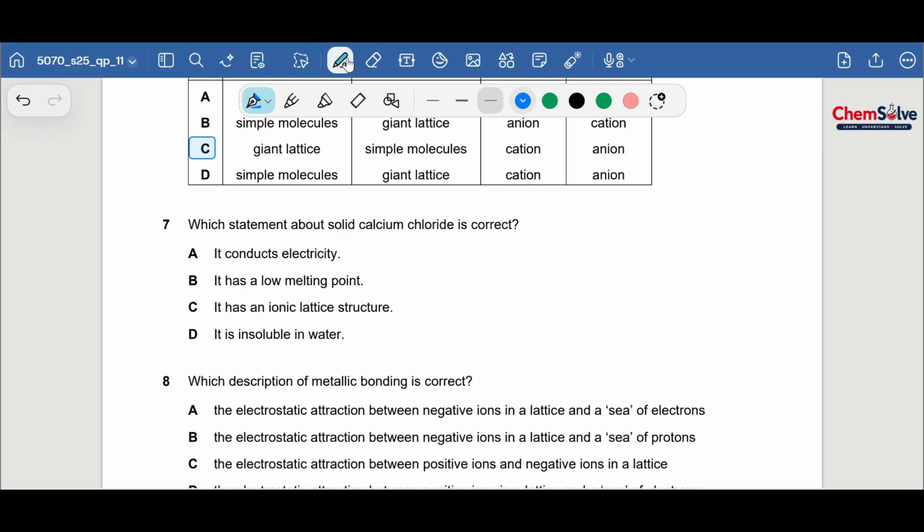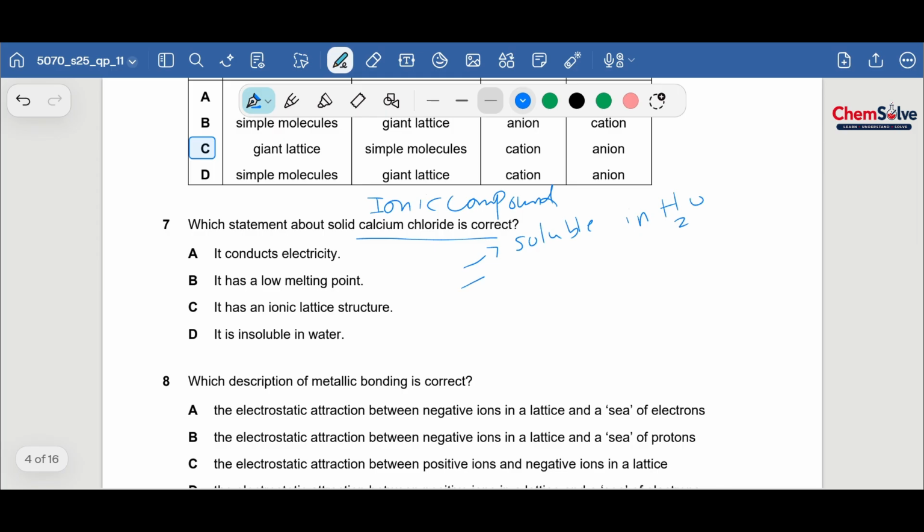So next question. Which statement about a solid calcium chloride is correct? Okay. Calcium chloride is basically an ionic compound. So before looking at the options, let's recall some characteristics of ionic compounds that we already know. Ionic compounds are soluble in water.